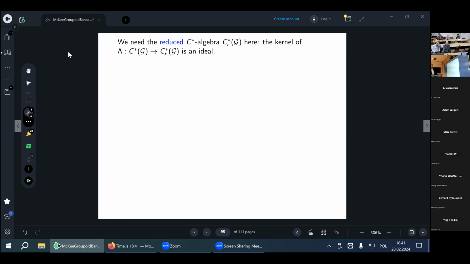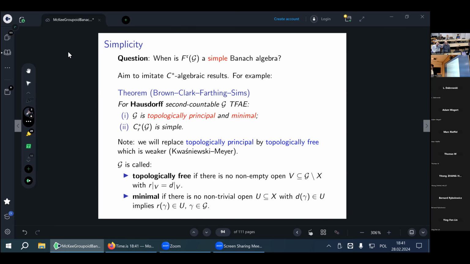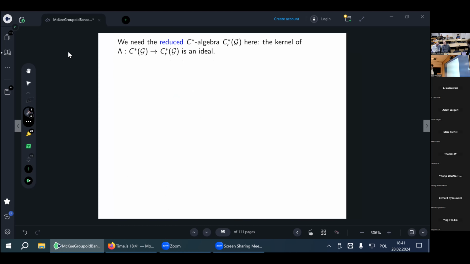Could you replace these conditions by conditions phrased in terms of bisections? Yeah. But only for the étale groupoid. Probably, yes. I'm not sure. I'm not sure beyond the étale case what happens at all.